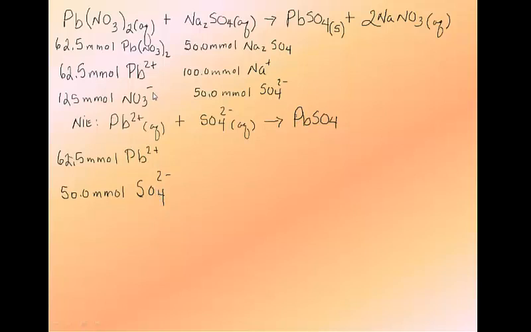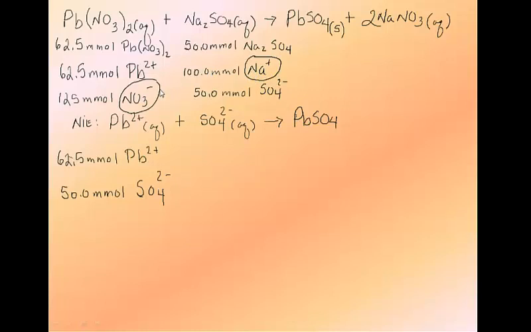That leaves my nitrate, and I'm going to circle it, and my sodium as spectator ions. And I want you to realize that before the reaction, before mixing the 2 solutions together, I have 125 millimoles of nitrate and 100 millimoles of sodium.